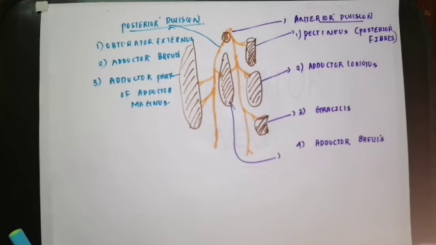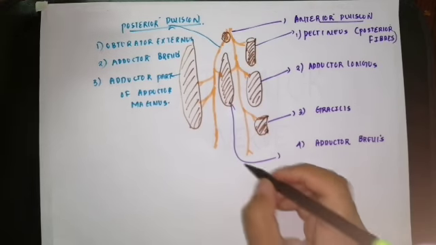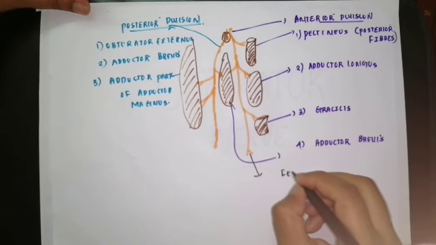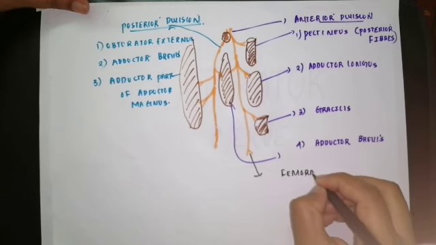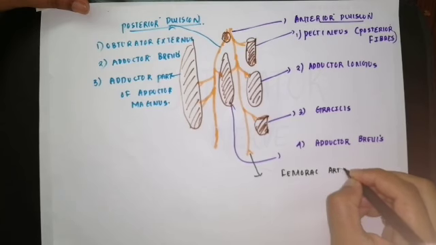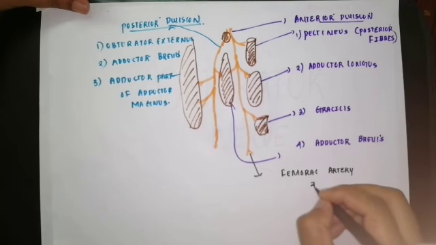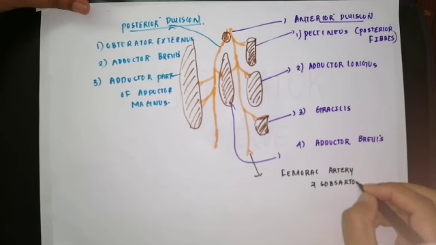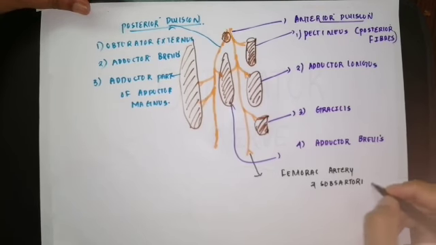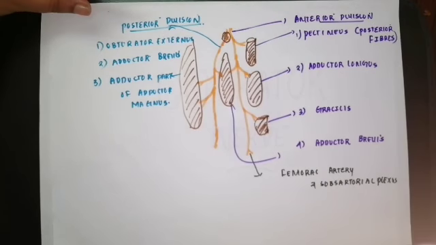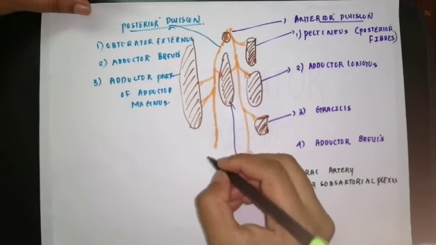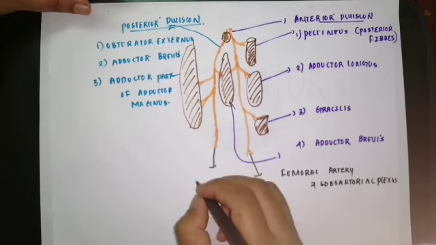These are the muscles supplied, and after entering the subsartorial canal, it gives branches to the femoral artery and branches to the subsartorial plexus. So subsartorial plexus branches are given by the anterior division only. Now, the posterior division, it enters the popliteal fossa and it gives a genicular branch.